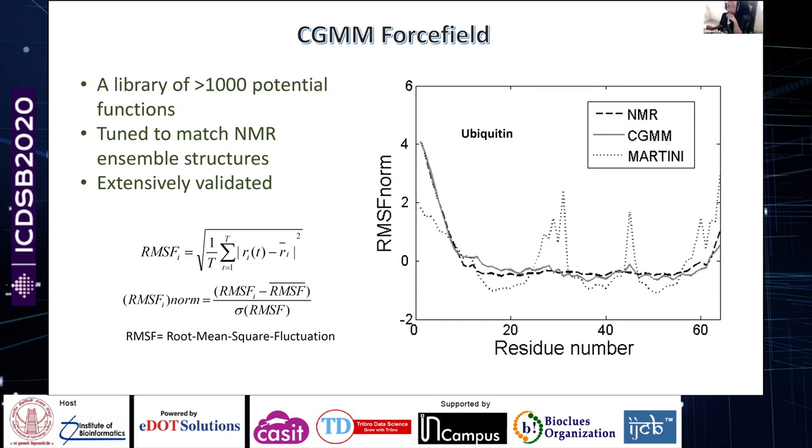And the current state of this force field is such that we are able to do protein simulations for monomers and multimers, but we still do not have functions to incorporate ligands in it. So those are the new areas that we would still be working on in future.